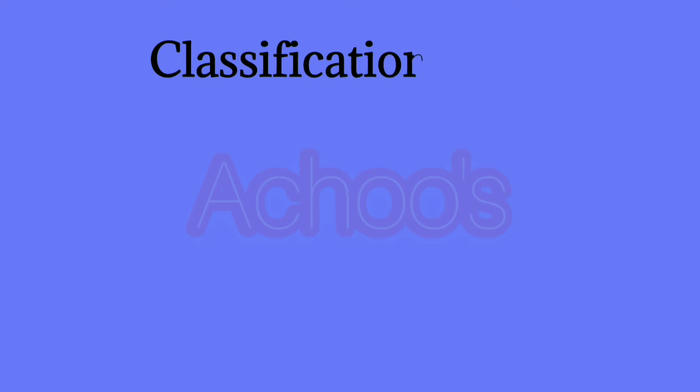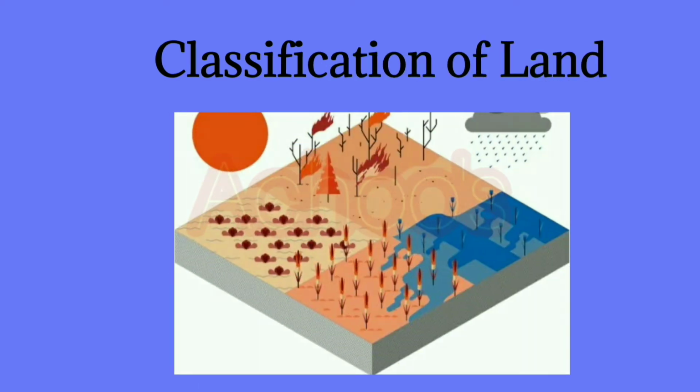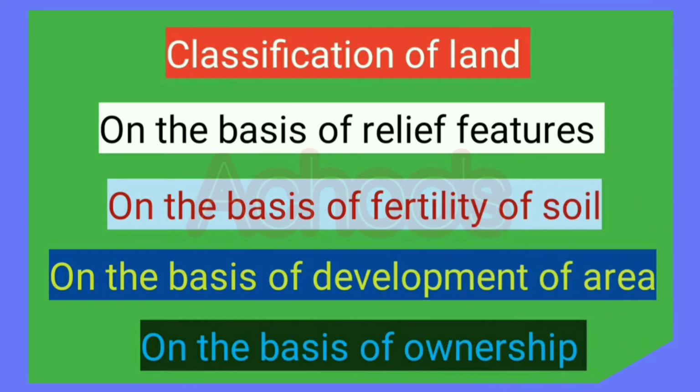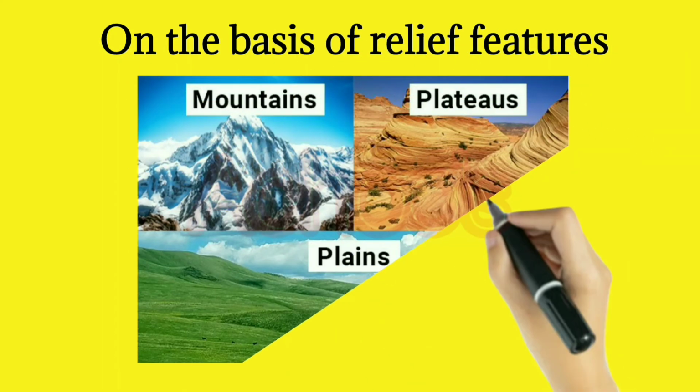So next, let's learn about the classification of land. Land can be classified in many ways: on the basis of relief features, on the basis of fertility of soil, on the basis of development of area, and on the basis of ownership. On the basis of relief features, land is classified as mountains, plains, and plateaus.